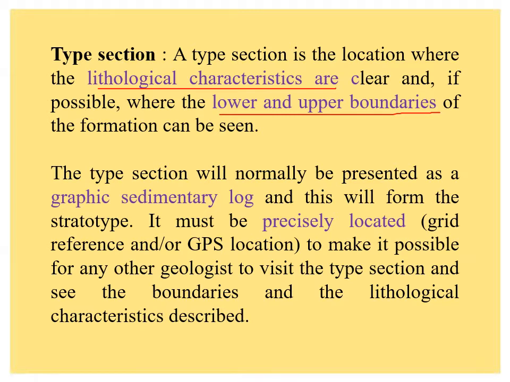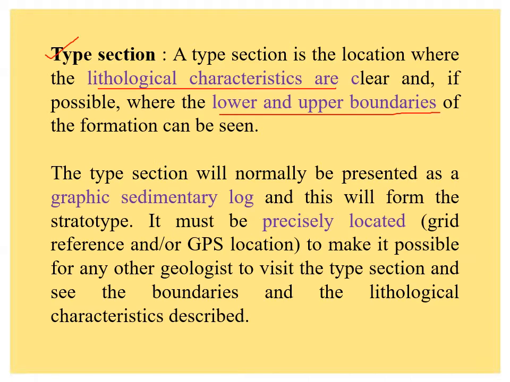That means the entire deposition of the formation is preserved there. The lower and upper boundaries of the formation by which we can separate it from the adjacent formation can be clearly identified and established. Lithological character can be distinctly different so that we can separate it from the other. That section is known as the type section.